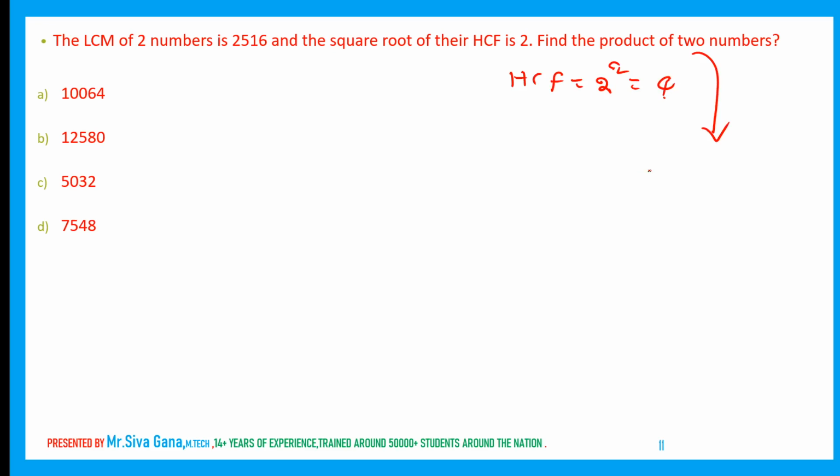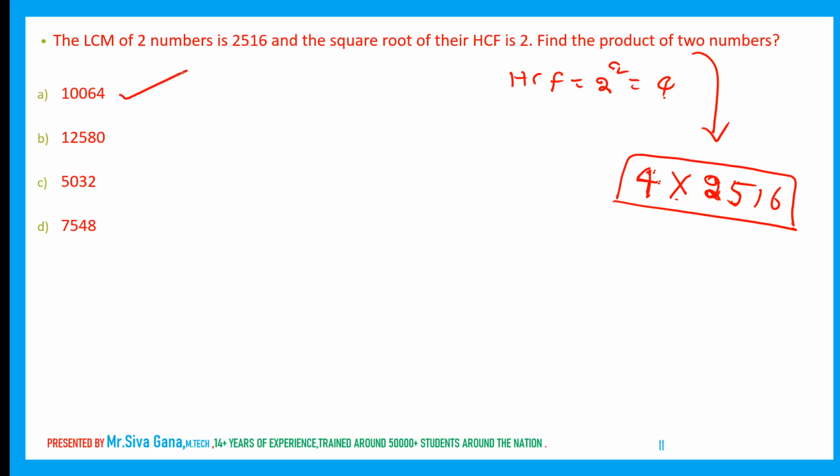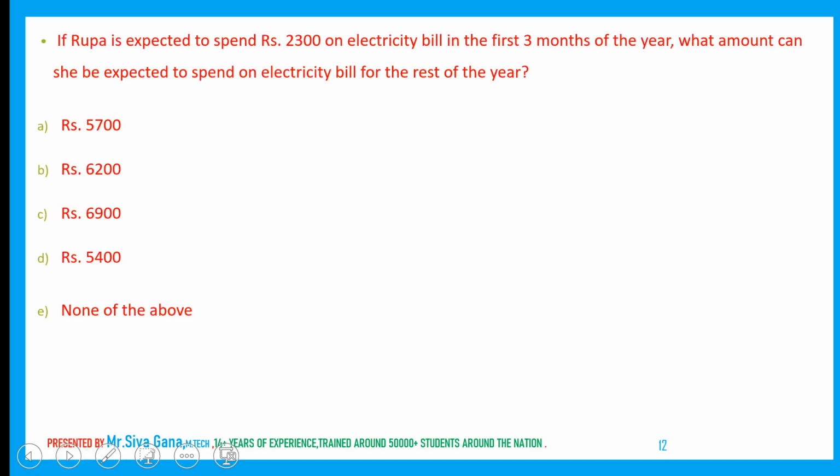The product of the two numbers is nothing but LCM into HCF. 4 into 6 is 24, the unit digit is 4. No option has unit digit 4 except option A. That's why our option is A.